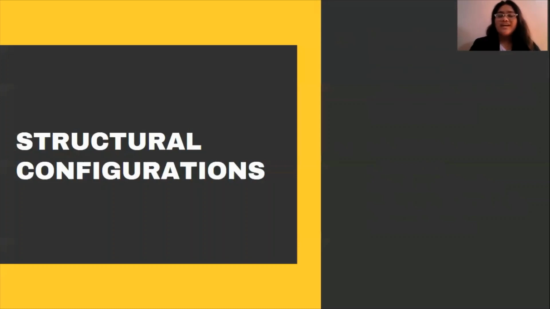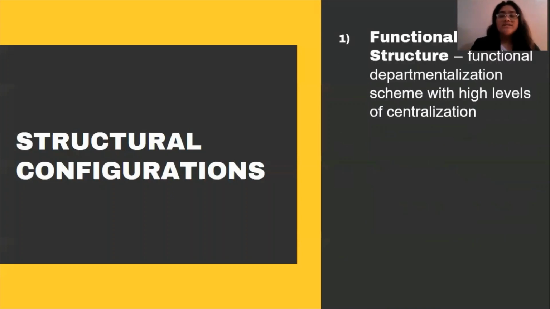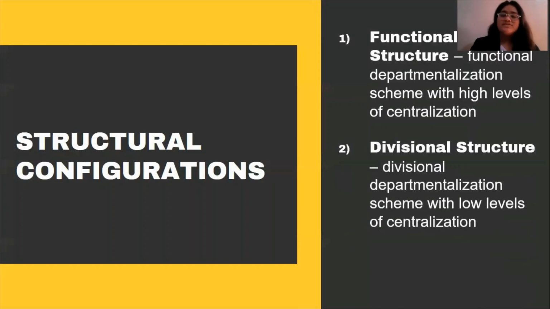Under organization structure is the constructional configuration, which has 2 types, functional structure and divisional structure. Functional structure employs a functional departmentalization scheme with high levels of centralization.